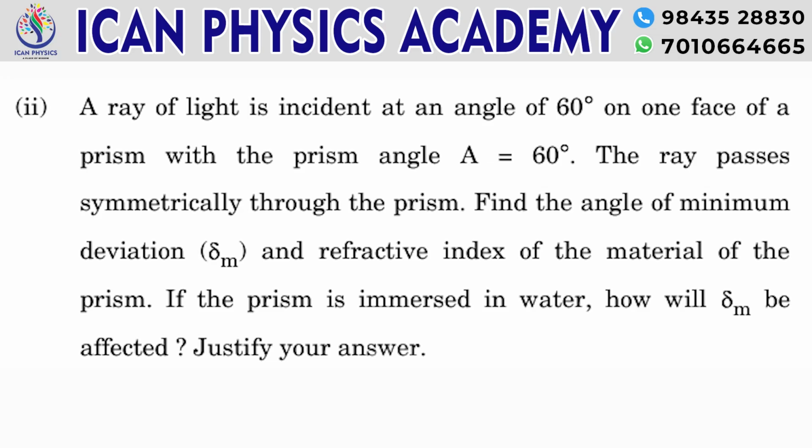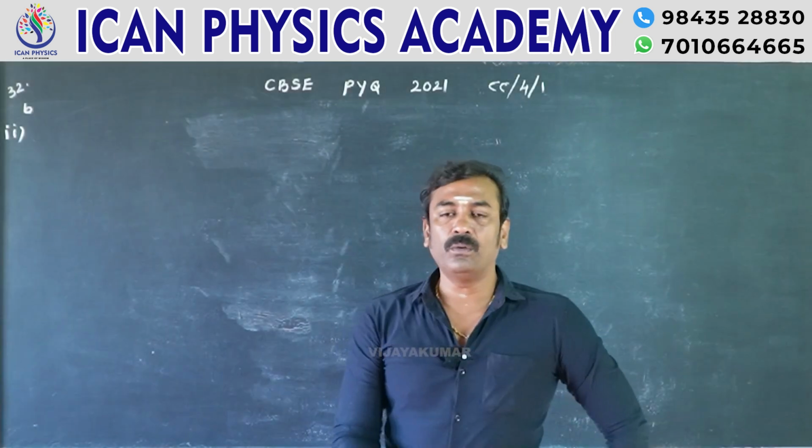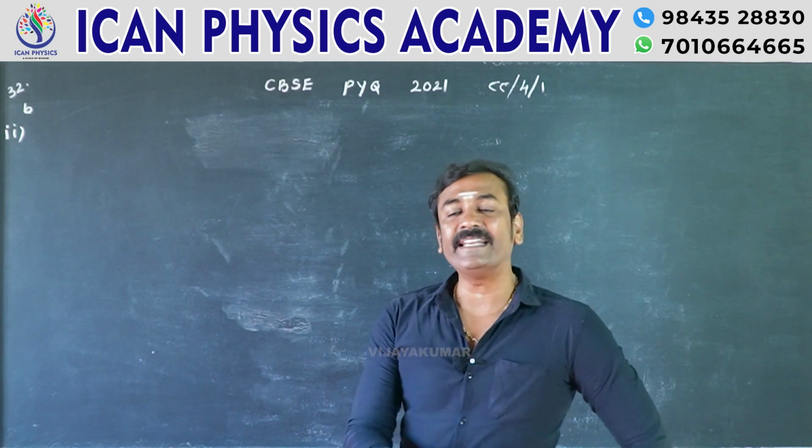Find the angle of minimum deviation, del m, and the refractive index of the material of the prism. If the prism is immersed in water, how will del m be affected? Justify your answer. Okay. Now, we have to calculate the del m.